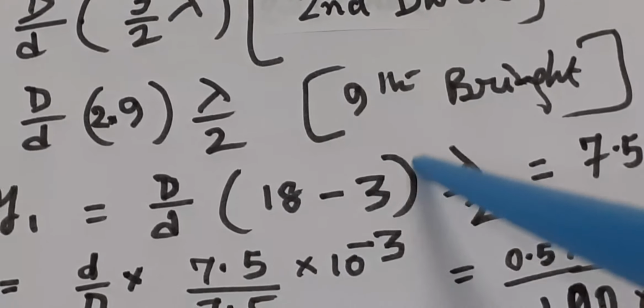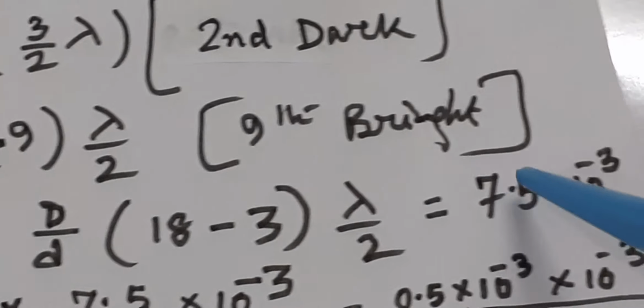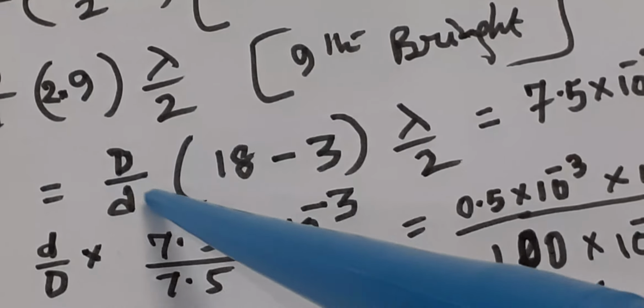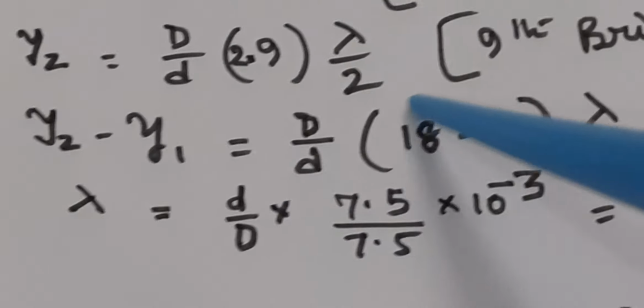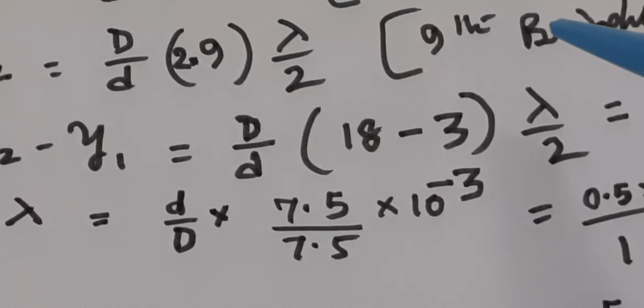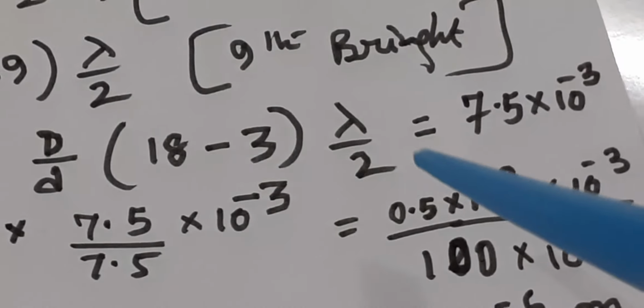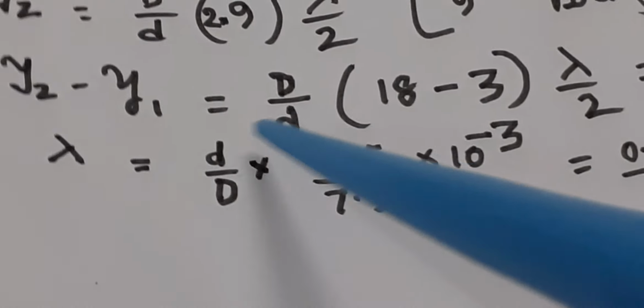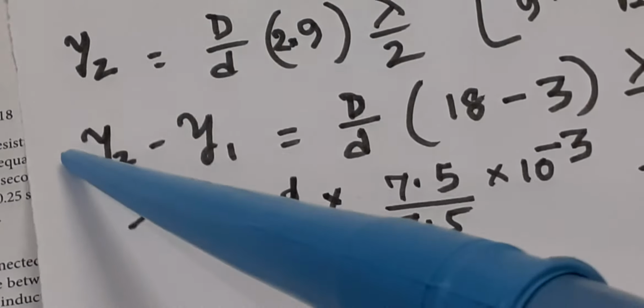Now from here we can get 15 by 2, 7.5 into 10 to the power minus 3, because this distance is given in terms of millimeter.